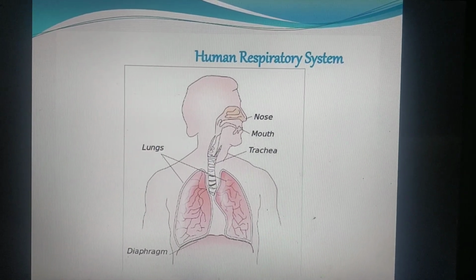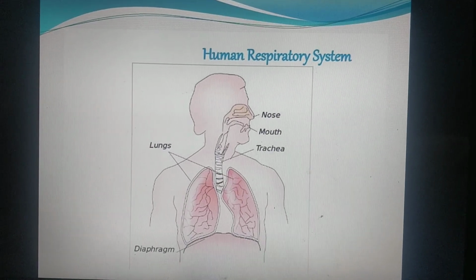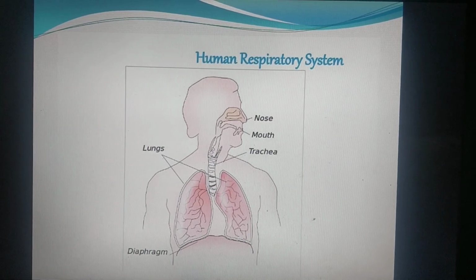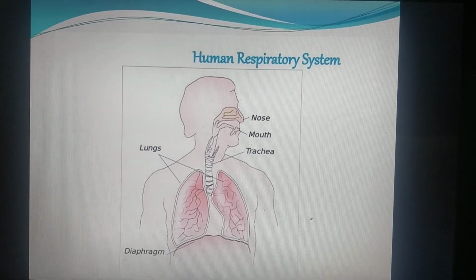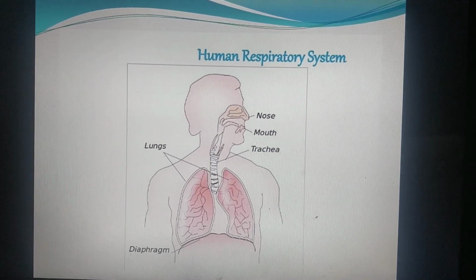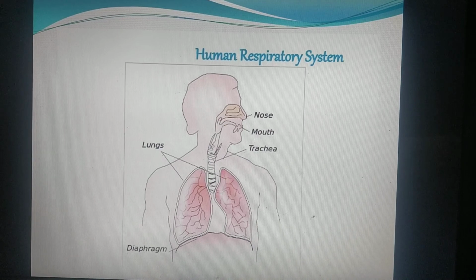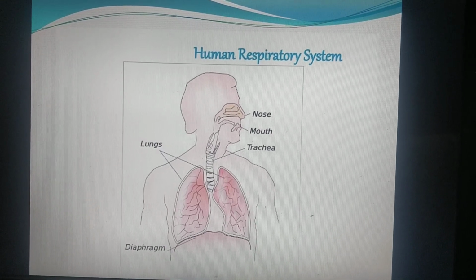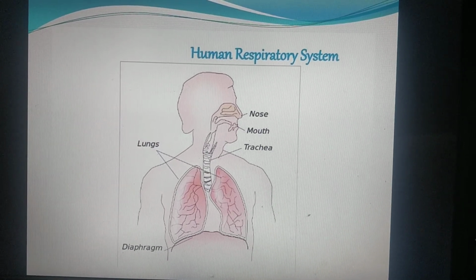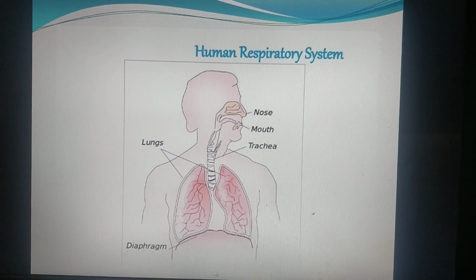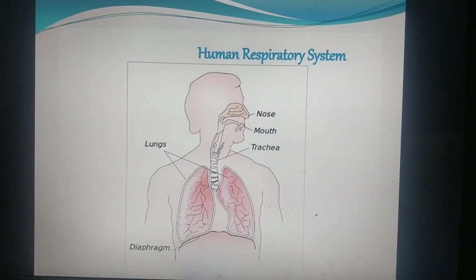In the human respiratory system, air enters through the nostrils. Inside the nostril, there are fine hairs that line the passage and filter the air. The passage is also lined by mucus, which helps in this process. So air is filtered with the help of hair as well as mucus present in the nostril.